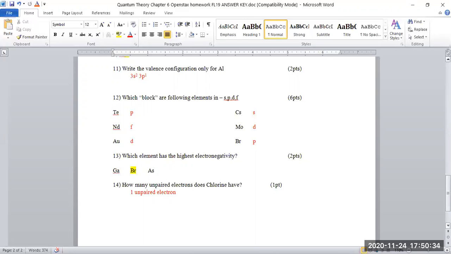Chlorine only has one unpaired electron, because if you wrote out the electron configuration, since chlorine is in the third row, it would end with 3p5, meaning that there's one blank spot in the dashes for my orbital notation, but that also means that chlorine has one that doesn't have a buddy, okay?